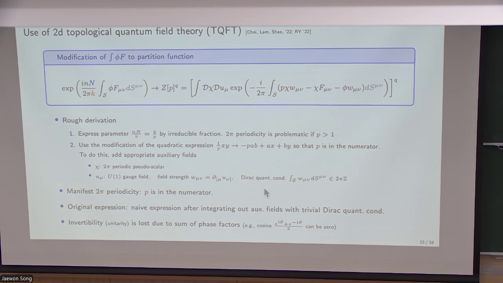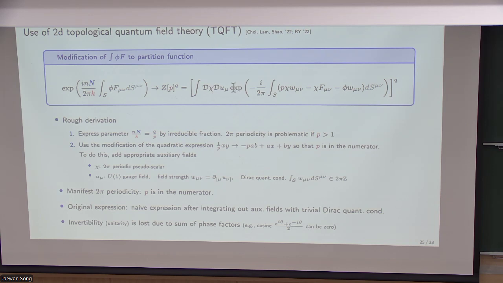So how about the original expression? This expression is the naive expression after integrating out the auxiliary field with trivial Dirac quantization condition. So we have a gauge invariant expression, or the gauge invariant modification. However, the invertibility or the unitarity is lost due to the sum of the phase factors.